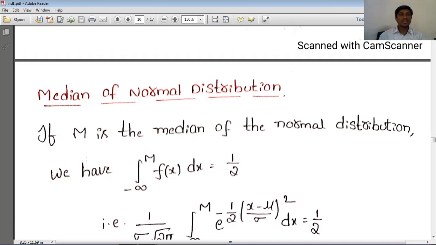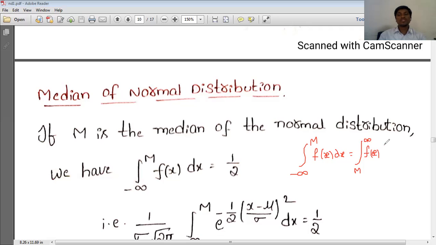So if m is the median of the normal distribution, then we have the integral from minus infinity to m of f of x dx is equal to the integral from m to infinity of f of x dx, which is equal to 1 by 2.